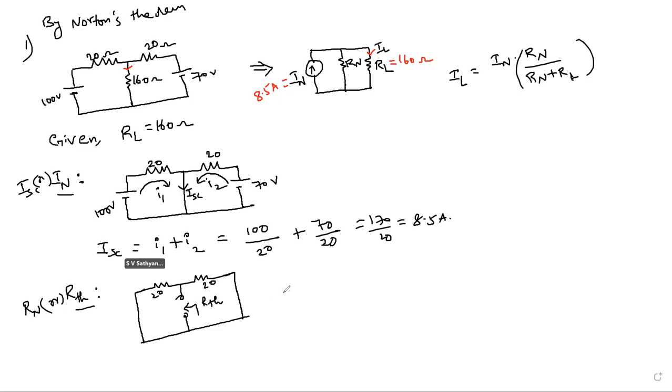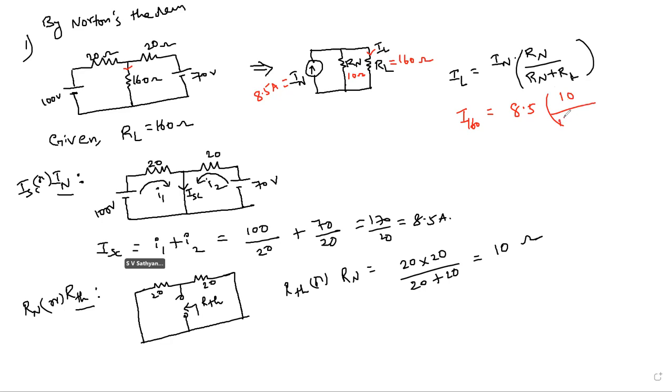The resistance between these two points: RTH or RN is 20 parallel with 20, which is 10 ohms. So RN is 10 ohms. Now by substituting, IL through 160 equals IN 8.5 into RN 10 by 10 plus 160. How much?